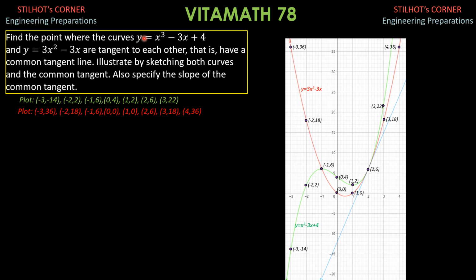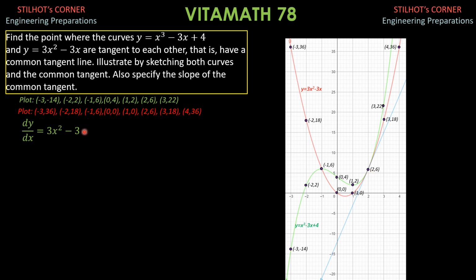So let's differentiate the first curve. dy/dx for the green curve is 3x squared minus 3. That's the slope of the tangent. And let us show that at the common point of tangency, the slope of the common tangent is the same.